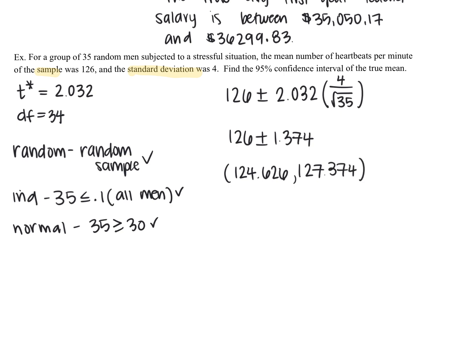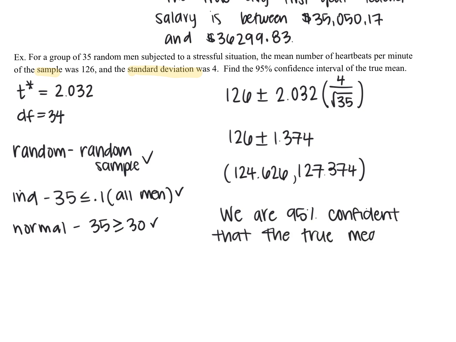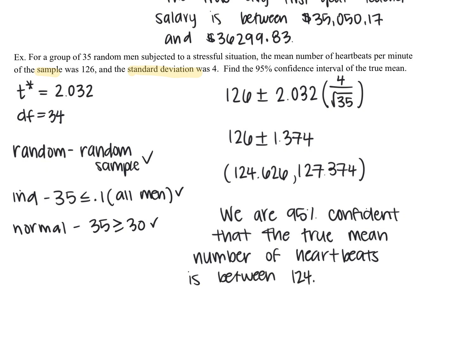127.374. So for my sentence, we are 95% confident that the true mean number of heartbeats is between 124.6 and 127.4.